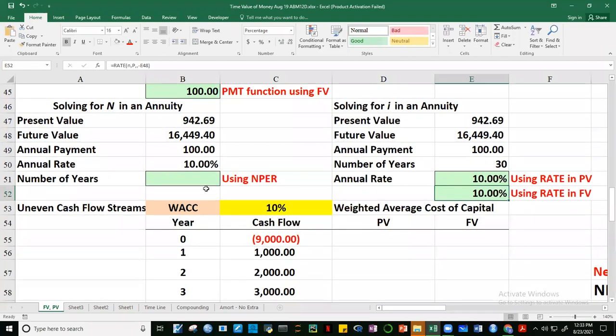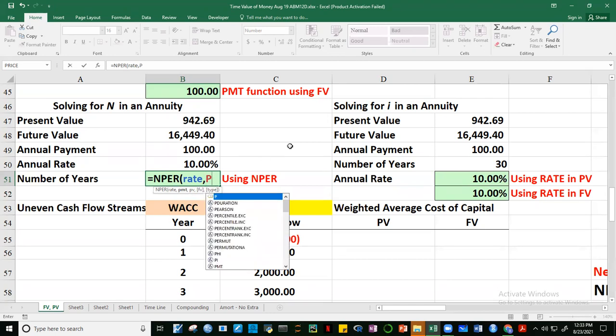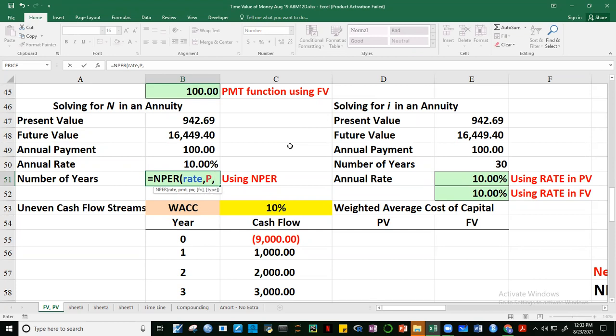Okay, so the same here guys, sa N per. So this is equal to N per. N per, ang rate natin is, again, rate, comma, PMT is our capital P, then comma, PV is, we can use the PV function.